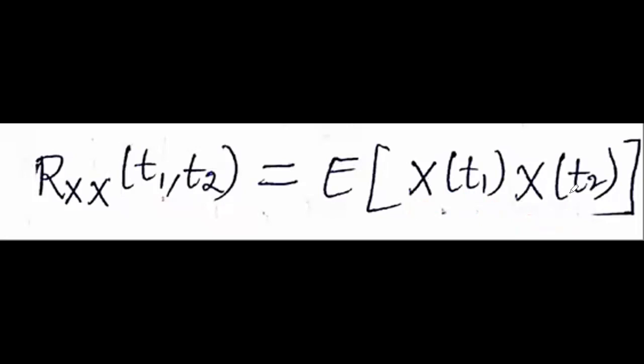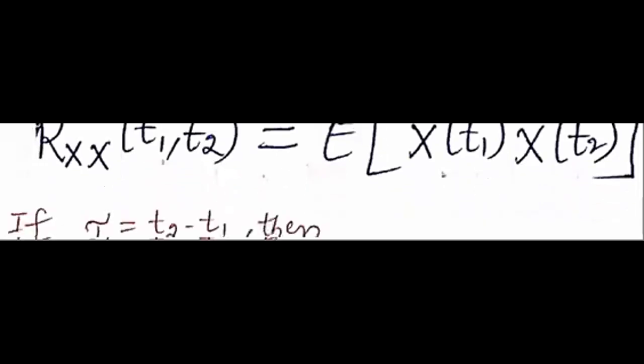Now, if you replace the time difference as tau, previously we told that the time difference is nothing but t2 minus t1, then the equation should be like this.